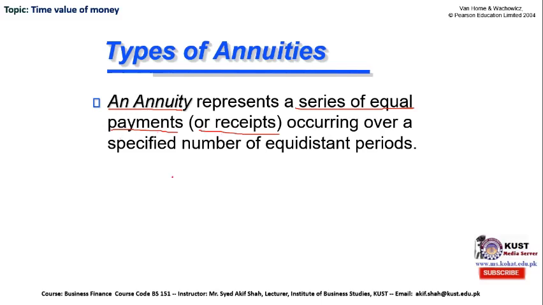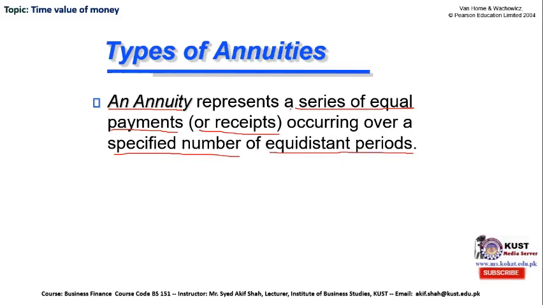If you are an investor, then you might be investing a certain amount of dollars in a bank account that is supposed to pay you a certain number of dollars after a specific time period, occurring over a specified number of equidistant payments. So there are 3 or 4 main points which need to be considered while explaining annuities.